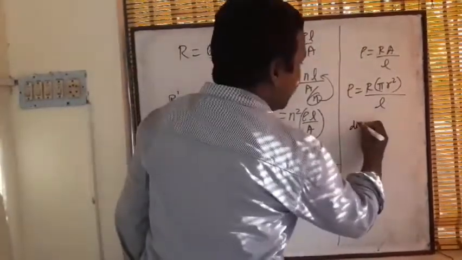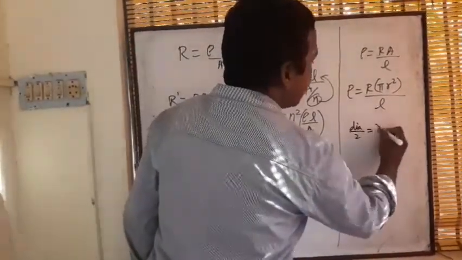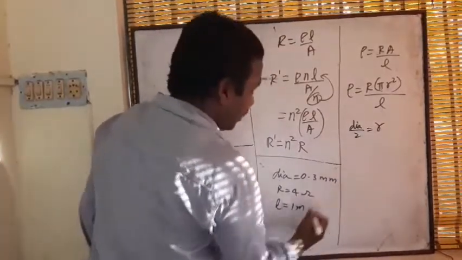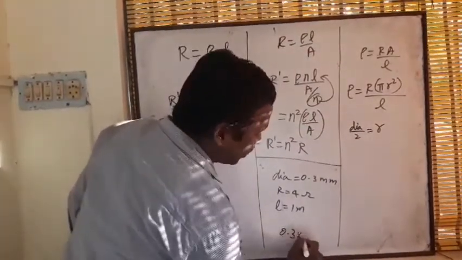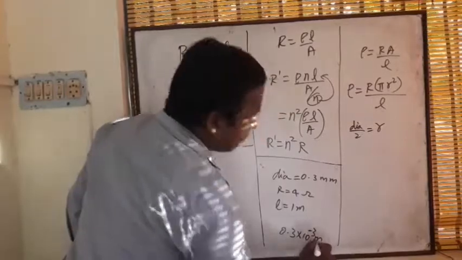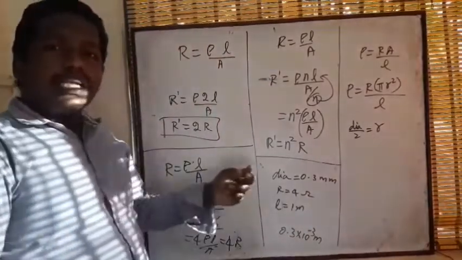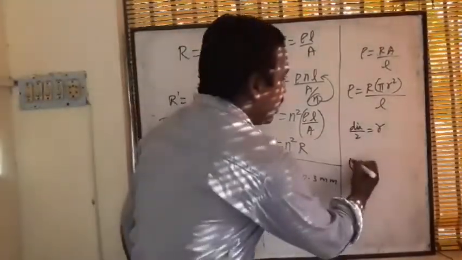Diameter divided by 2 gives the radius, and millimeter we have to convert to meter, 0.3 into 10 power minus 3 meter. So we get the radius, then we can apply the formula.